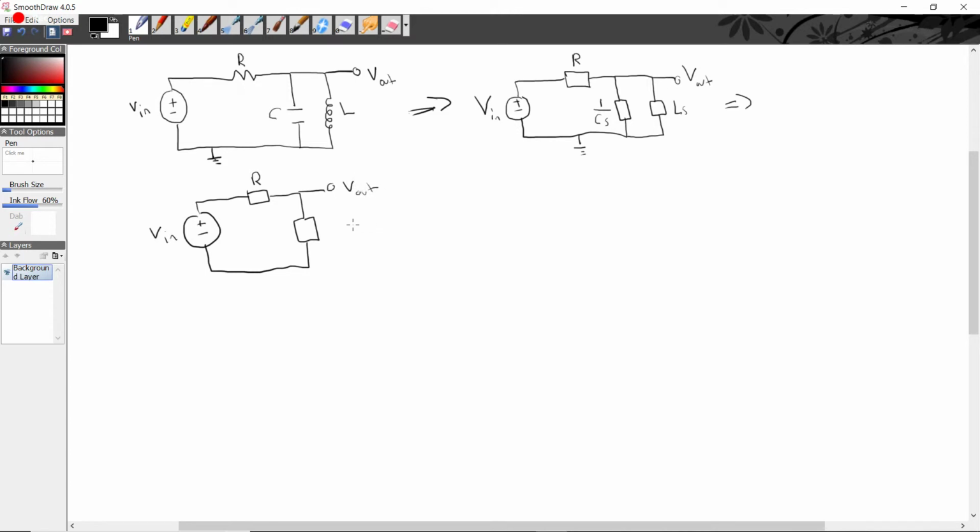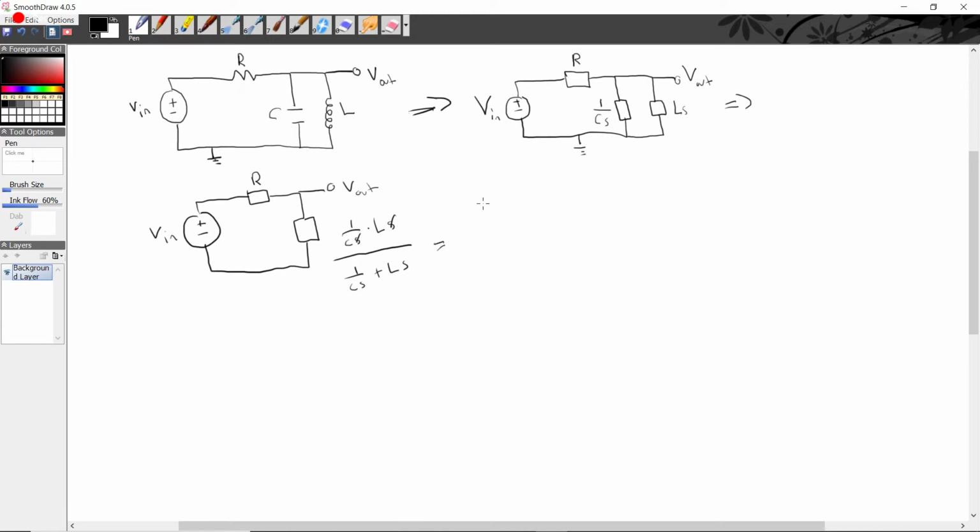Right, and we're going to use the parallel rule where we know it's 1 over CS times Ls all over the sum of 1 over CS plus Ls. And I'm going to simplify that down a little bit. I'm going to go ahead and multiply by CS on both top and bottom.